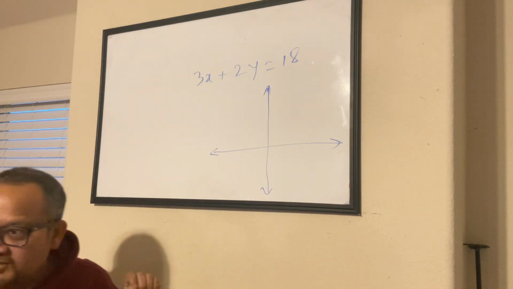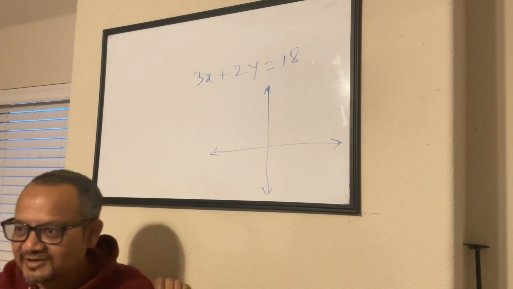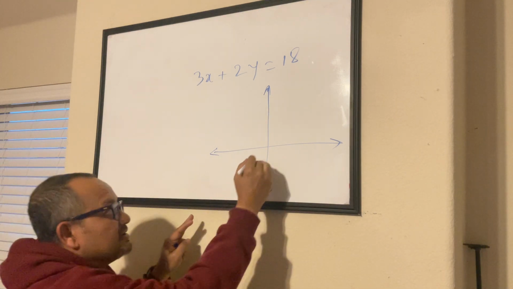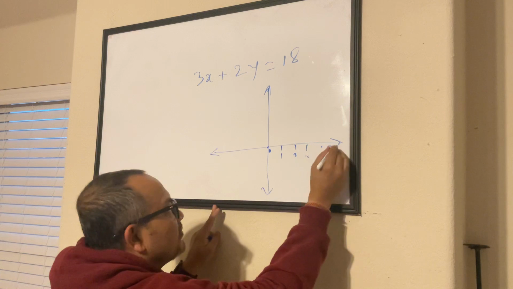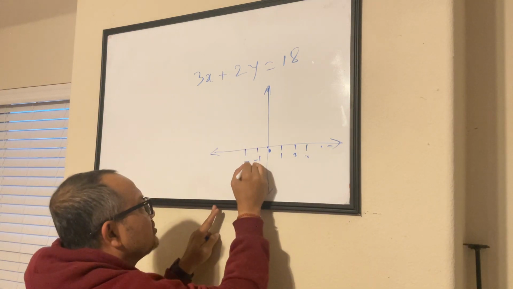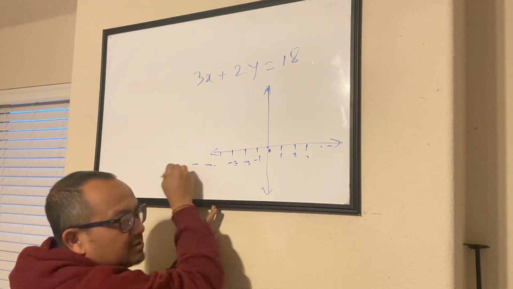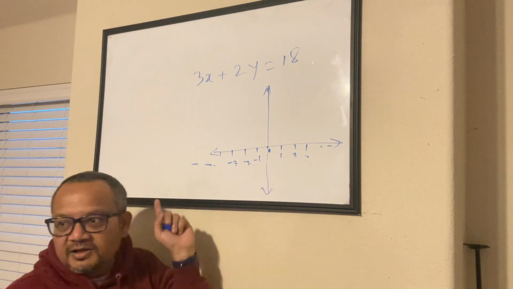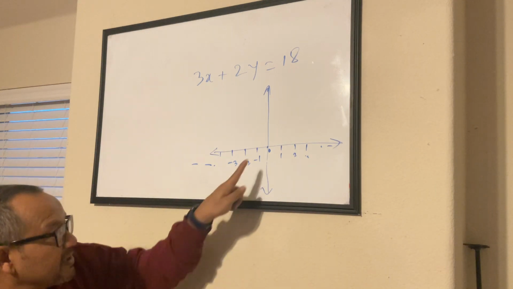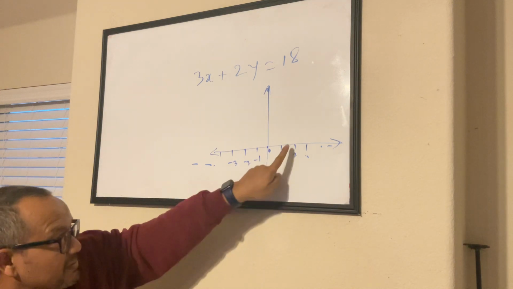These are 2 number lines. Number lines you would know, right? Number lines as in 0, 1, 2, 3, 4, 5, 6, minus 1, minus 2, minus 3, minus 4, where you represent numbers. If you have to represent 1, this is the point. If you have to represent 2, this is the point.